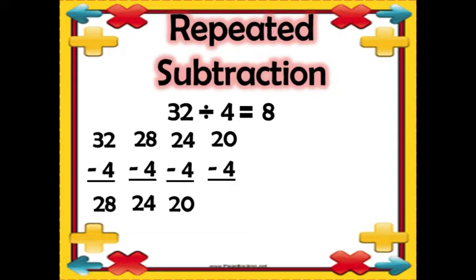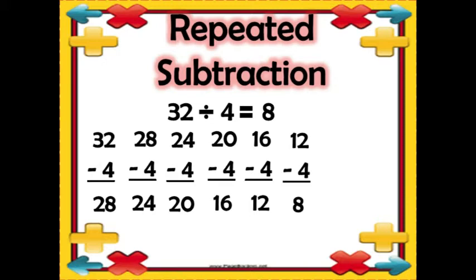Next is 20 minus 4 is equal to 16. Next one is 16 minus 4. The answer is 12. And 12 minus 4, the answer is 8. And 8 minus 4 is equal to 4. And next is 4 minus 4, the answer is 0.